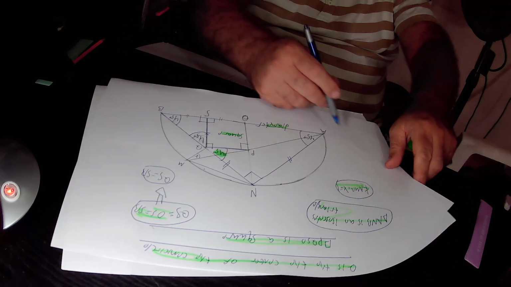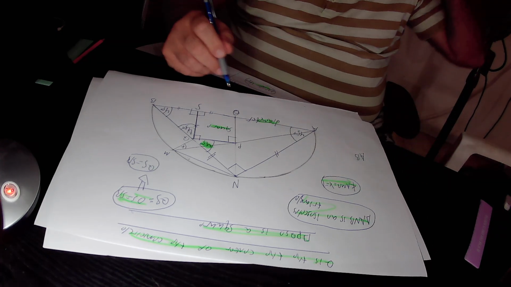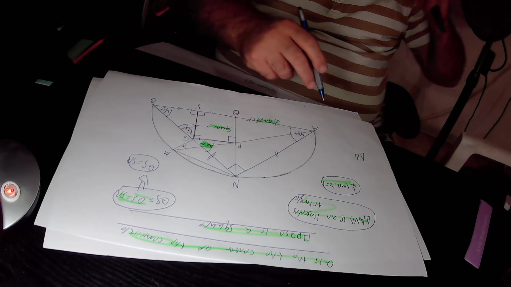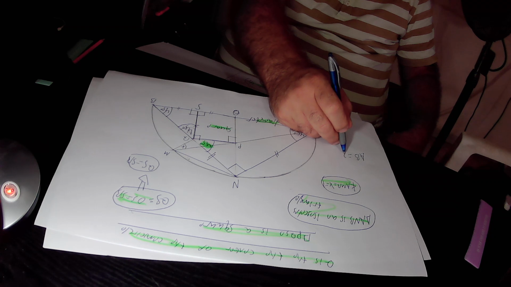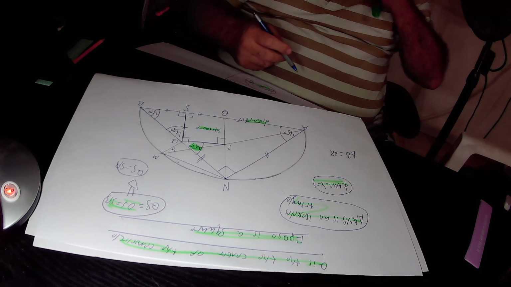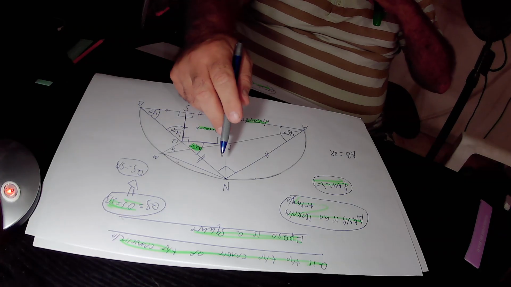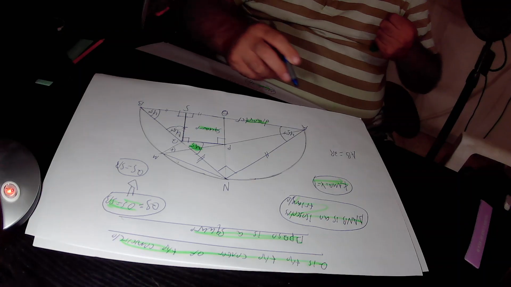So AB is the base of the isosceles triangle, and it is also the diameter, equal to 2R. And according to rule 24, the perpendicular from point N to the base AB bisects the base AB.